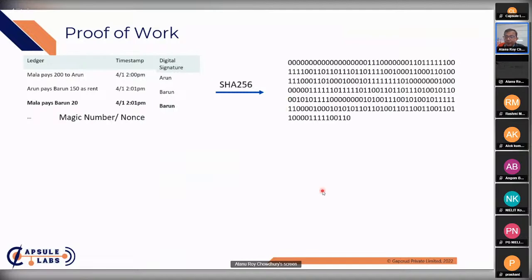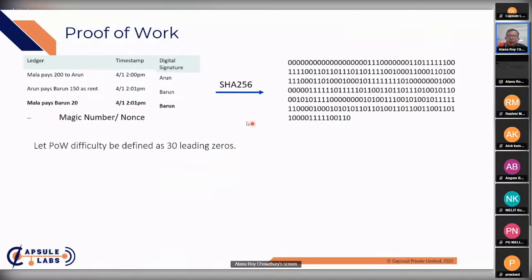That becomes very difficult. And the way proof of work is defined is by saying that I need to have a pattern in this particular output. What kind of a pattern? Say, for example, proof of work can be defined as saying that my hash value should start with 30 zeros, right? So that could be a constraint.